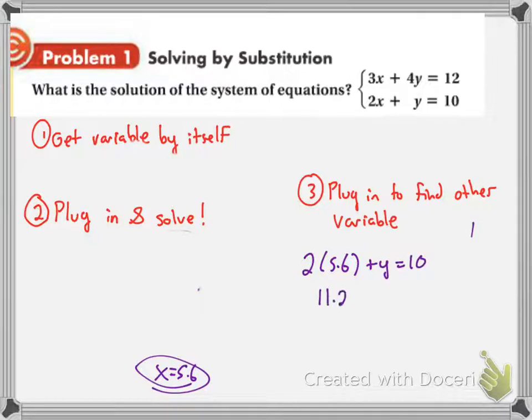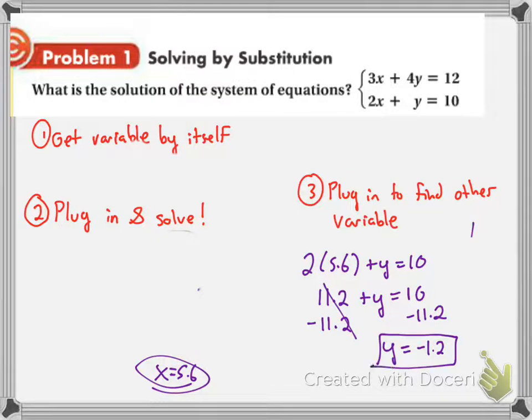I get 11.2. I'm going to subtract both sides by 11.2. And I'll have this. So if I were to graph both of these lines, they would intersect at the coordinate 5.6, negative 1.2.